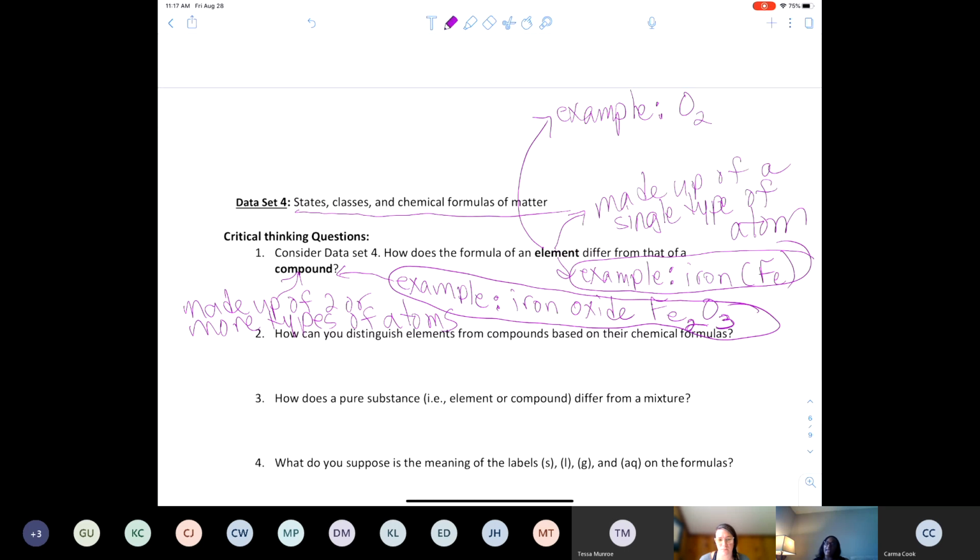But because they're the same type of element, this is considered an element. In some textbooks, you may see it referred to as a molecular element or a molecule. But oxygen combined with iron, that's a compound.